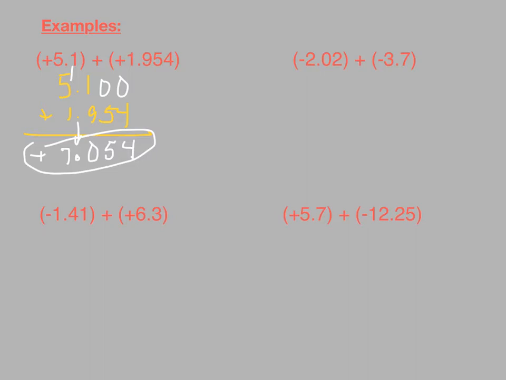Next, we're going to add two negatives. Whenever I add or subtract, I'm going to sing my song. If the signs are the same, find the sum. So here we are. The signs are the same, so I'm finding the sum. When I add, again, I simply stack those decimals on top of each other. 2.02 and 3.7.